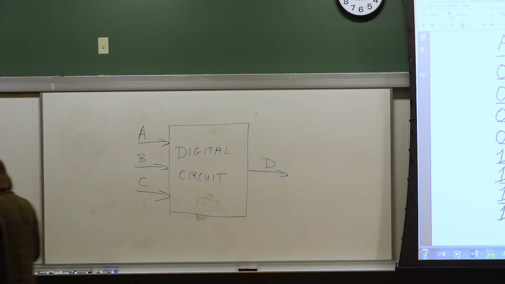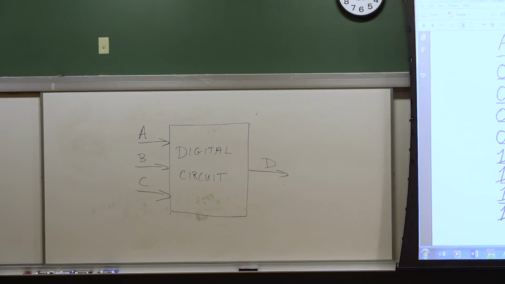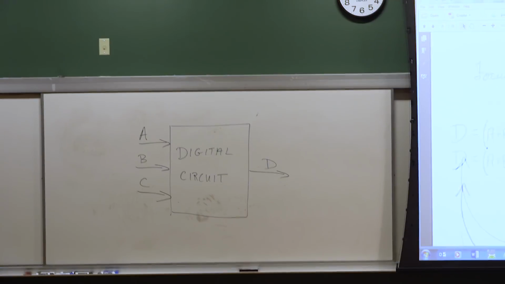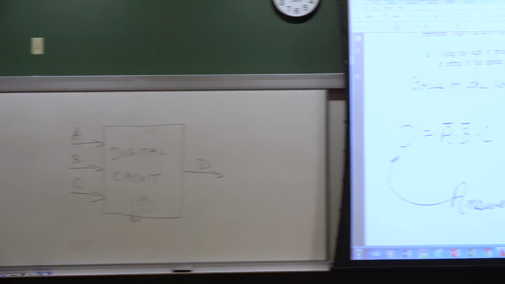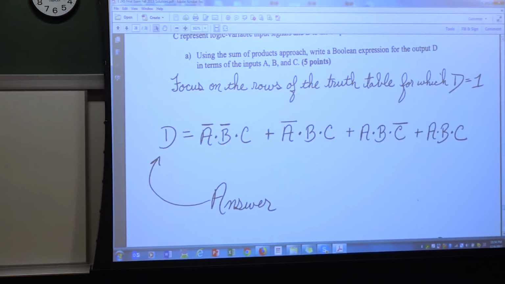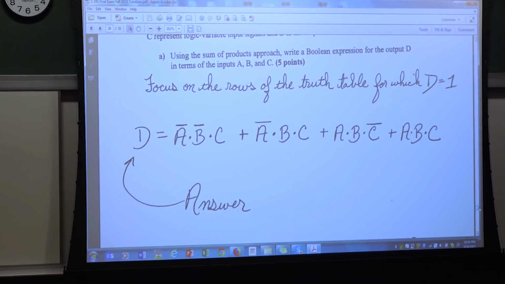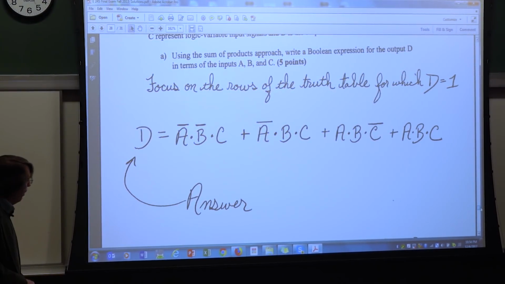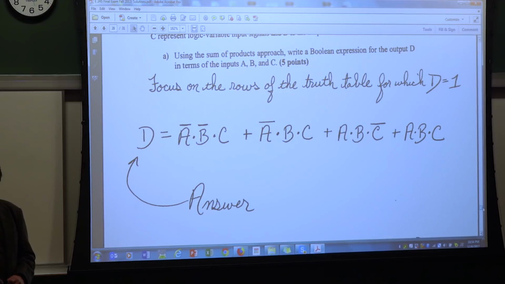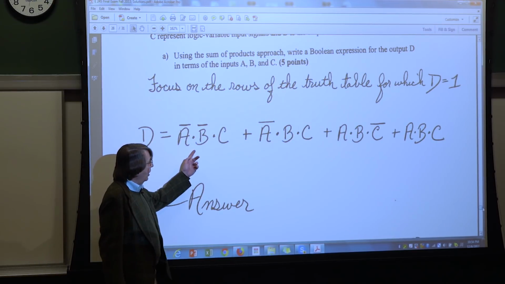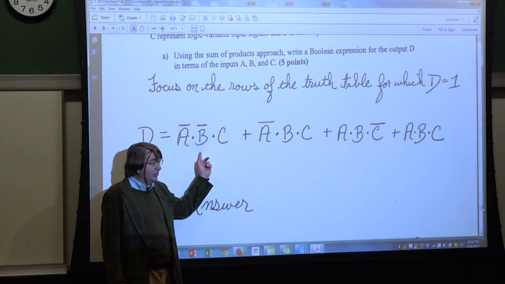Okay. So, here's what we need to do. We go back and we say, okay, using the sum of products approach, write the Boolean expression. Now, my colleagues, I claim once you write the expression, the design is easy.